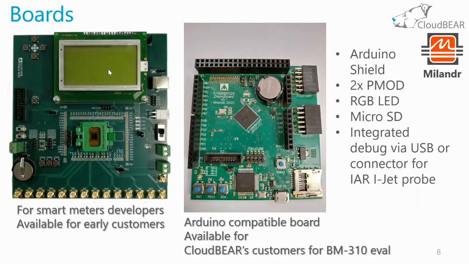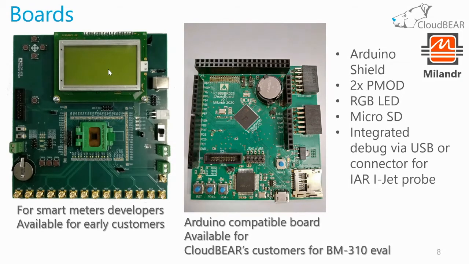Evaluation boards are already available for this chip. There is a board typically used by smart metering developers, which has ADC converter inputs, but there is also a simple board for makers who want to try the chip itself and our core especially. It is based on the Arduino compliant standard, and also has some well-known PMOD connectors, so you can connect a lot of available stuff to this chip.